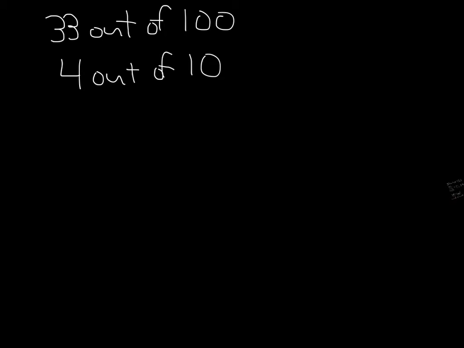Why don't you pause the video and see if you can write both of those as a percent. Okay, I hope you have. Now the first one we should actually see 33 out of 100, which is also the same thing as 33 hundredths, or even 0.33. Well, out of 100 means percent, so it's the same thing as 33%. If we have a fraction over 100, we can just get rid of the 100 and make it percent.